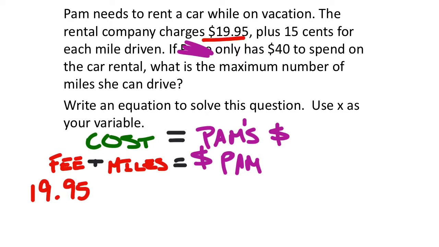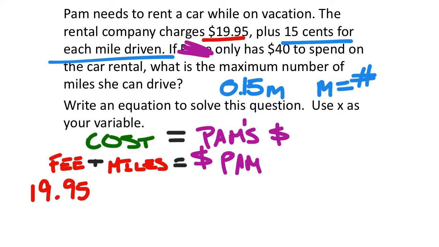So on this one, where it says it's 15 cents for each mile driven, we need to take 15 cents and multiply it by the number of miles. Well, we can use M, but I'm going to define it, all right? So I'm going to say up here, M equals number of miles driven.